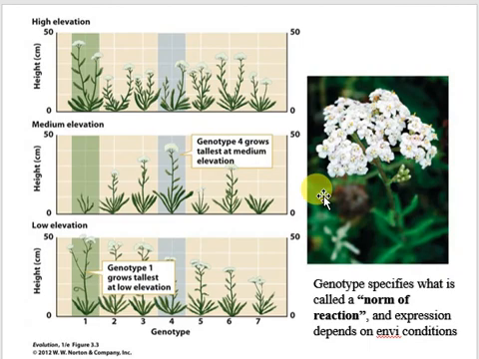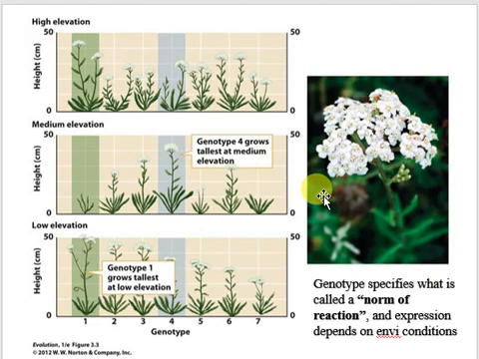So that's referring to, again, the genotype not producing just one or the other trait. It specifies for this range of different phenotypic expressions based on particular environmental conditions or where they're located in an environment, right? That range is called the norm of reaction.